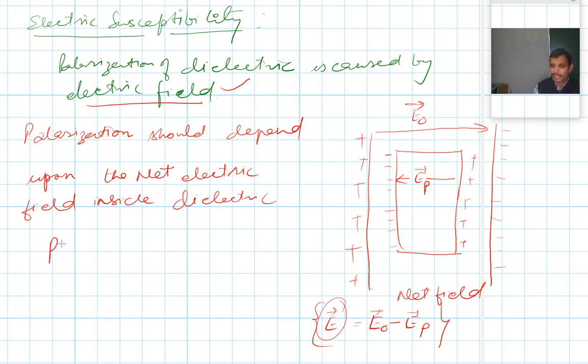So thus we can say that polarization vector is proportional to net electric field, and here P is equal to epsilon naught chi E times E.